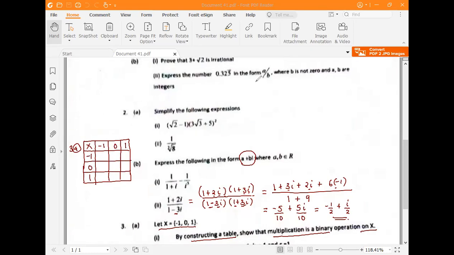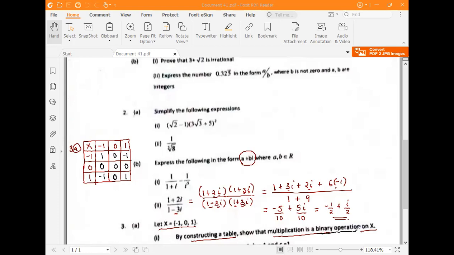Then you multiply now. -1 times -1, we get 1. -1 times 0, 0. -1 times 1, -1. 0 times -1, 0. 0 by 0, 0. 0 by 1, 0. 1 by -1, 1 by 0, 1 by 1. The question we are answering is, is it a binary operation?